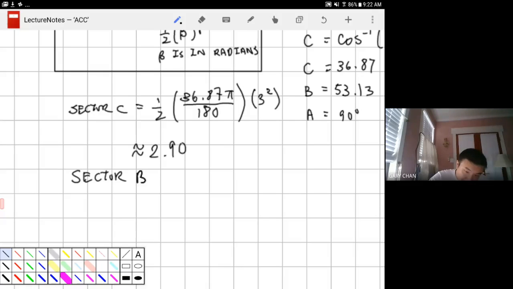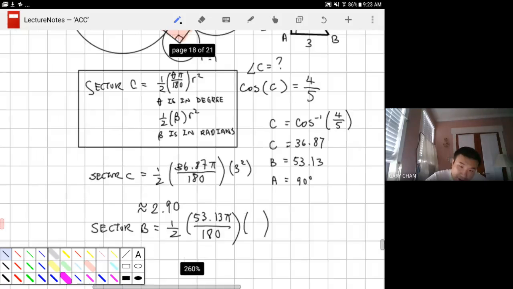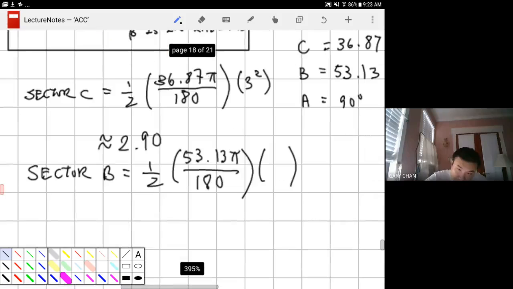So sector B. Again, it's the same idea, right? So we're going to do 53.13 pi over 180, and then times r squared, the radius for circle B. What was that again? 2. So it's just 2 squared. And then let's figure out what that is.